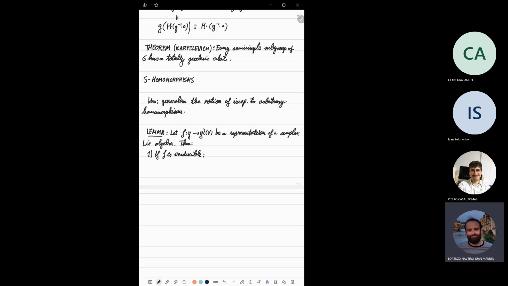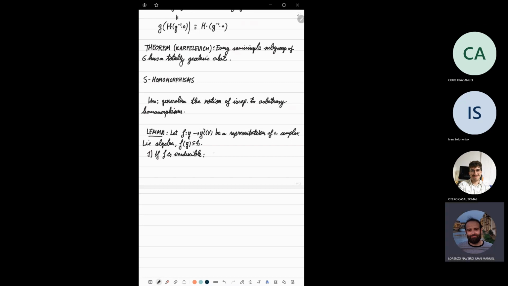Suppose that F is a representation taking values in a certain subalgebra of GL(V), so F of G is contained in a certain subalgebra H. Now, if F is irreducible, then the only inner automorphism extending the identity on G is the identity of H.